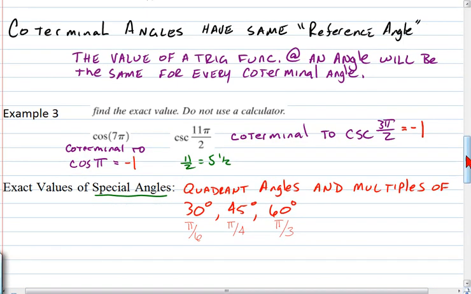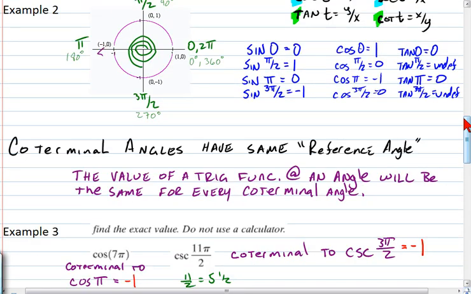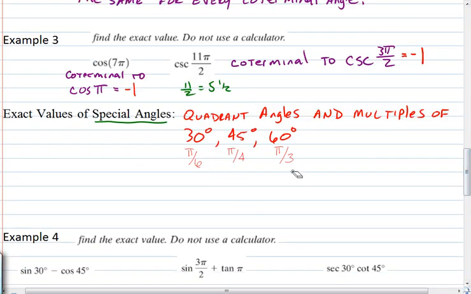Notice right here that pi is equivalent to 180 degrees. Right? And things that are equal, you can put one over the other, and you have a fraction that is 1. So how we ended up with these measures in radians and degrees is we start with an angle that's in degrees, and we multiply it by, since I want to convert from degrees, 180 degrees on the bottom so that the degrees will cancel out, to radians.